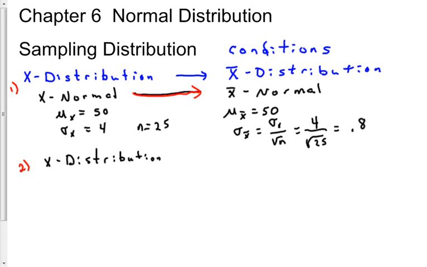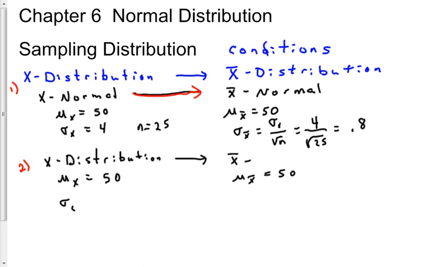With that, we do know that we will have an X-bar distribution. We're going to need more results, though, to decide what comes over. The mean stays the same. That won't make any difference.